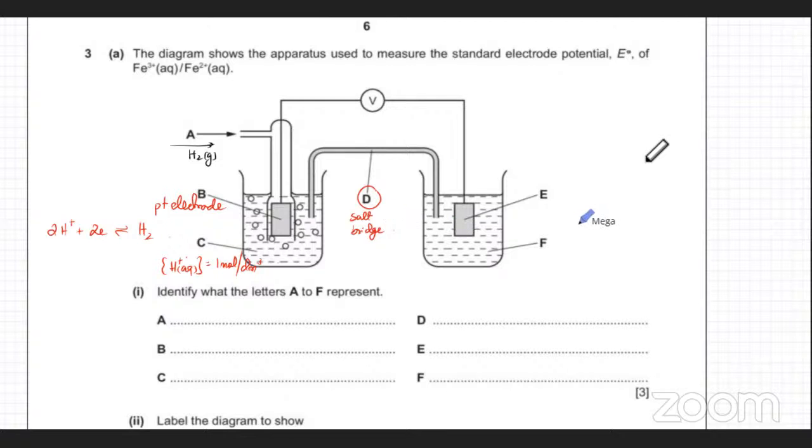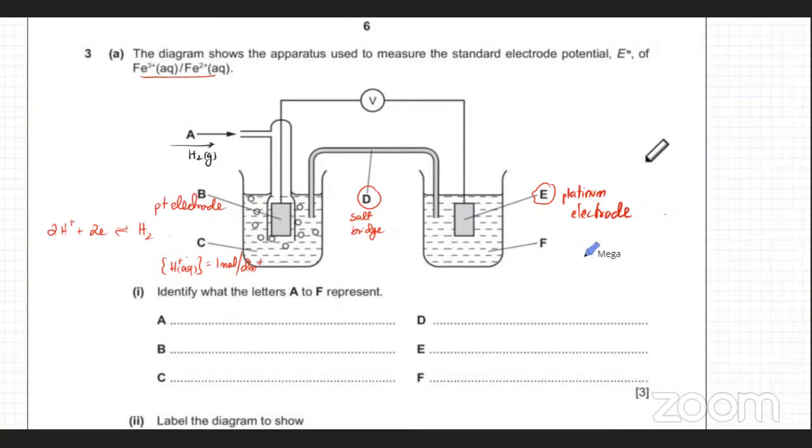And there's Fe3+ and Fe2+. So what is E? That's the other electrode, the Fe3+/Fe2+ electrode. What would E be? If both of them are aqueous ions, then E is also a platinum electrode.